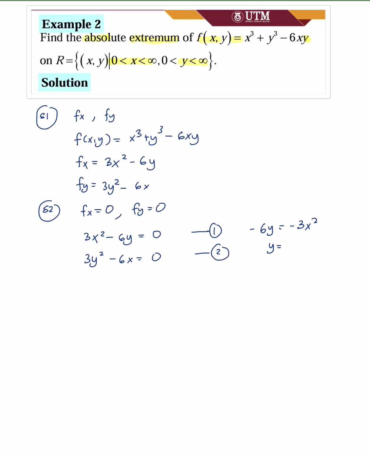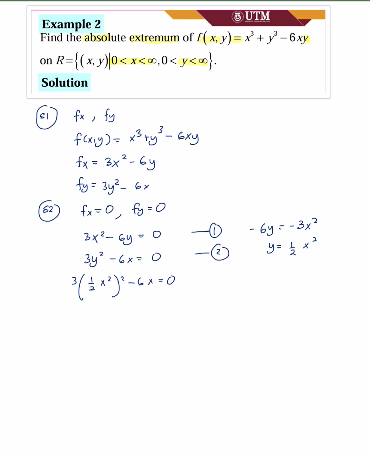Therefore, y equal to half x squared. From this y, we just substitute into the second equation. So we'll have 3 times half x squared, squared, minus 6x equal to 0.